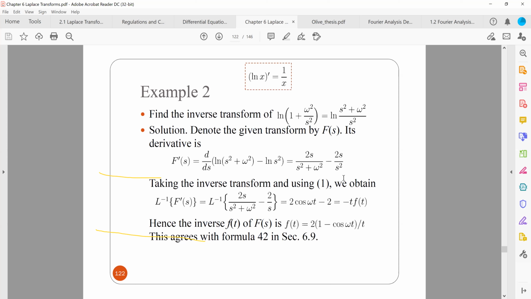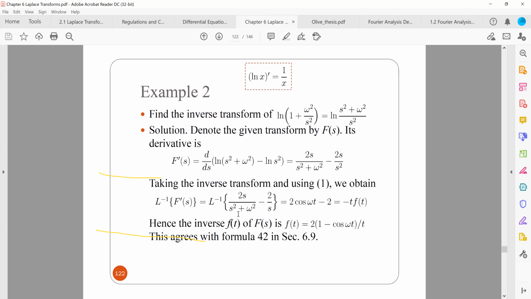So if we take the inverse transform using the rule that the Laplace transform of f of s, the derivative of f of s, is equal to the inverse transform of this, then we will end up with, yes, the s's here cancel, by the way. So this is the same as 2 over s, which is what is written here.